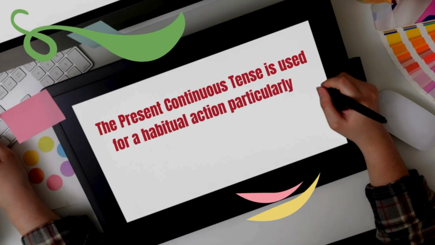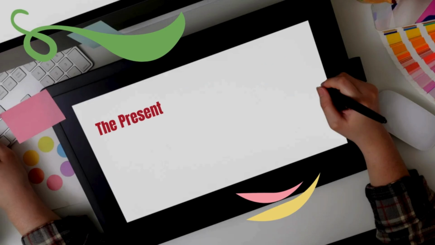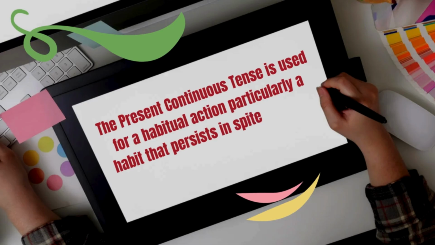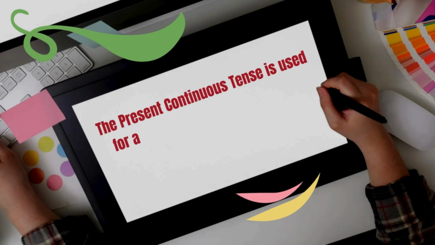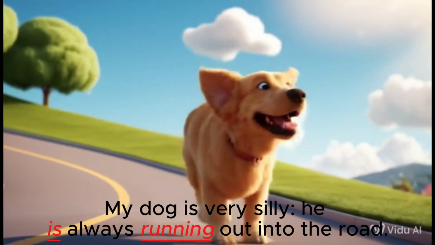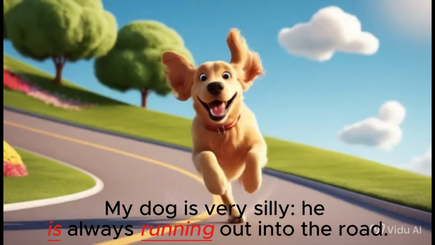However, when the reference is to a particularly obstinate habit, that is something which persists, for example, in spite of advice or warning, we use the present continuous with an adverb like always, continually, and constantly. And the example is: my dog is very silly. He is always running out into the road.